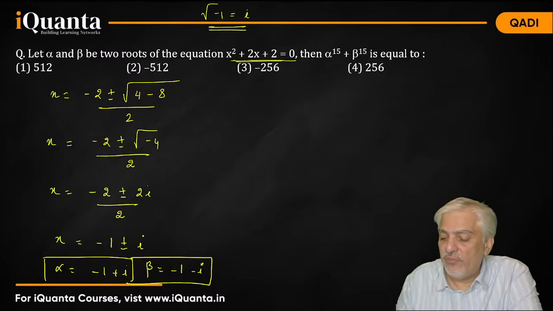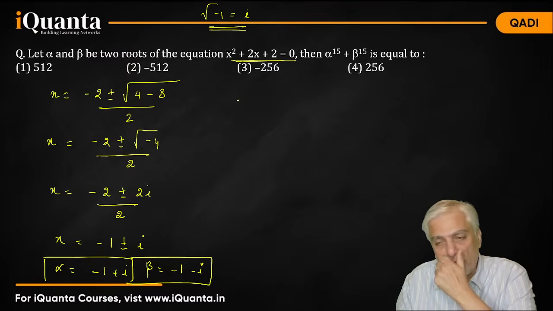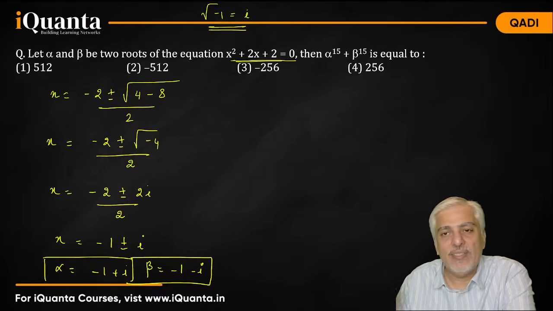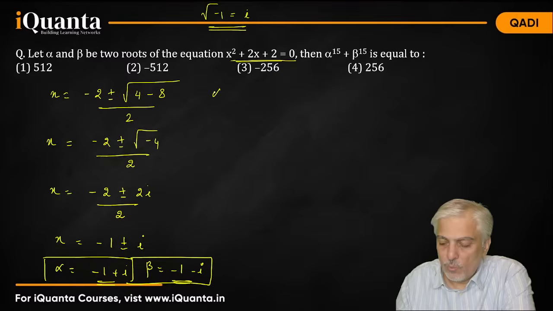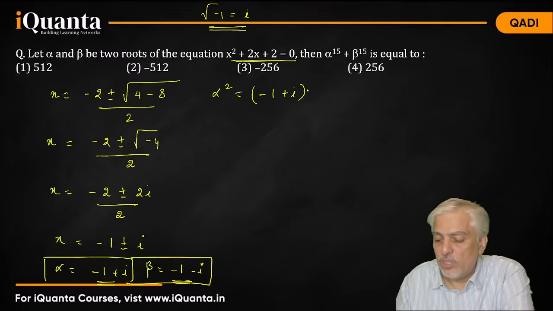We want to find alpha raised to 15 and beta raised to 15. So let's first find square, because when we find square of this, it will become easier. What's alpha square? Minus 1 plus I the whole square. That will be 1 plus I square minus 2i.